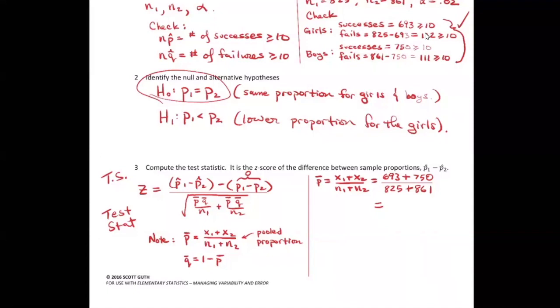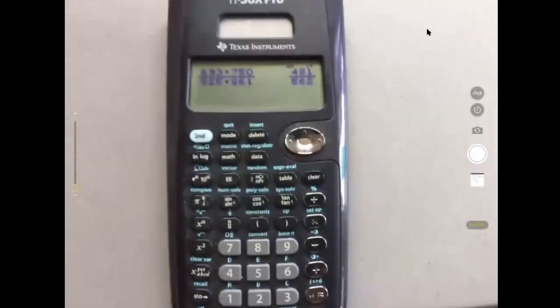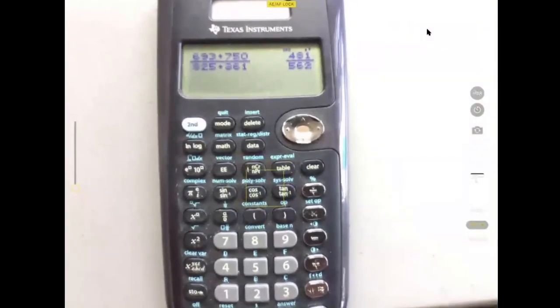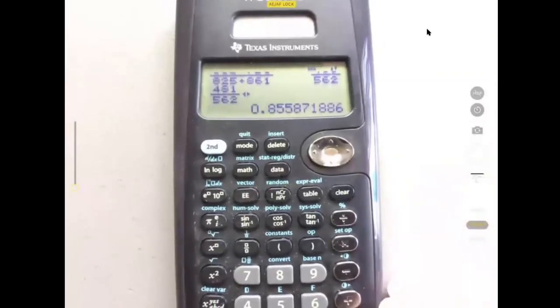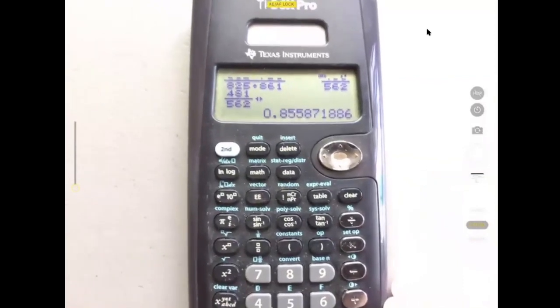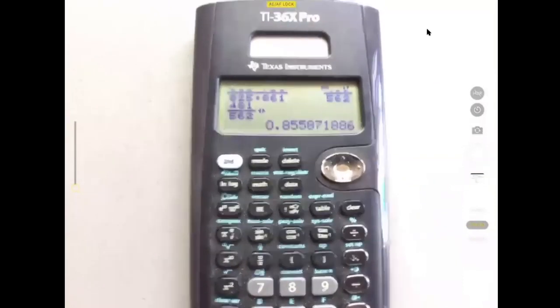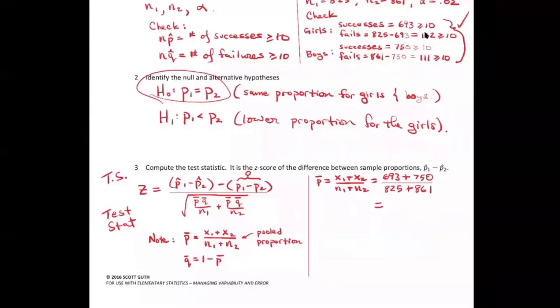So in case I just remind you how to handle that if you don't remember. If you entered this using the fraction button, it looks great, but I don't know what 481 divided by 562 is. There's an approximate equal button above the enter key, and if you hit that, it says it's 0.85587. We'll go with 0.856, which is pretty close.